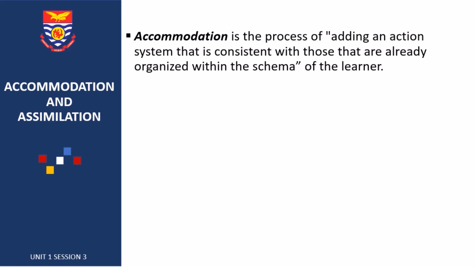Like the example we cited earlier, knowing acids turn litmus paper red, and so you meet a substance, it turns litmus paper red, you are convinced that this is an acid. You add to it that this substance is an acid. In other words, any new experience that is coming has a link with the schema, and so you easily add it to your knowledge.